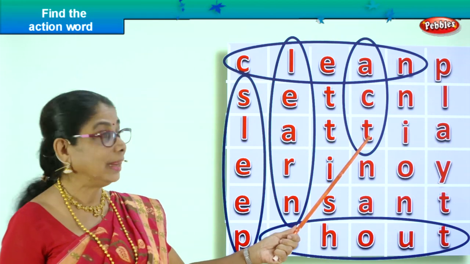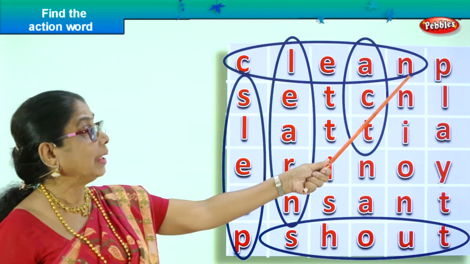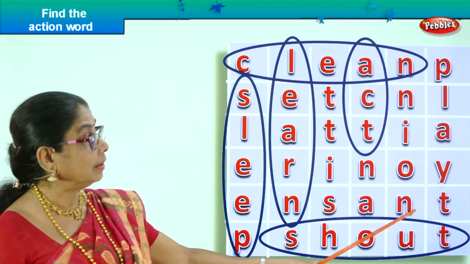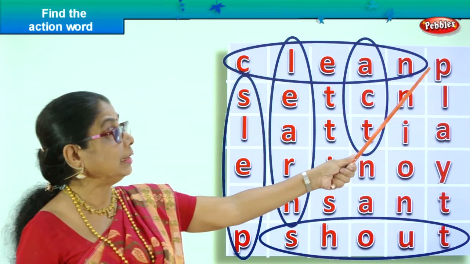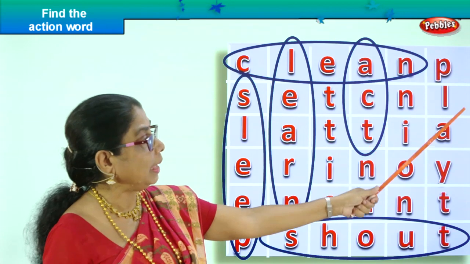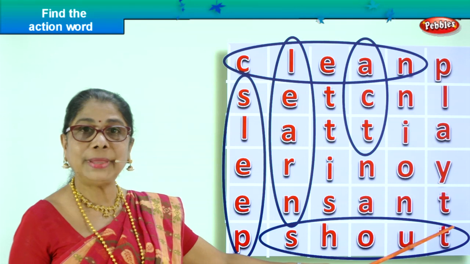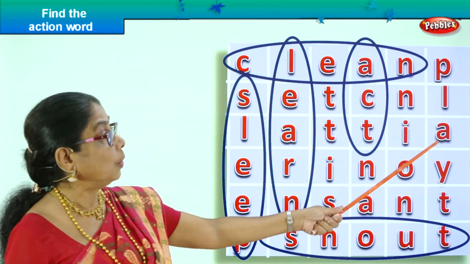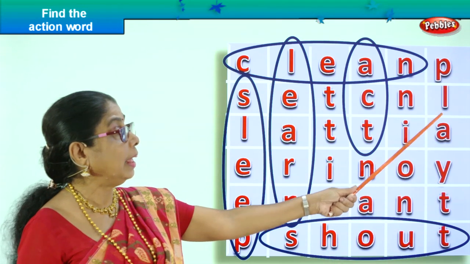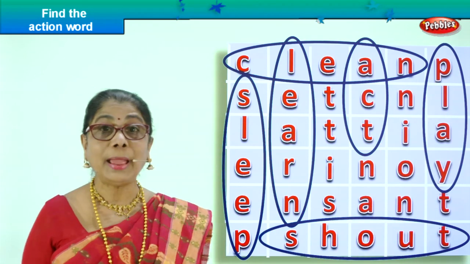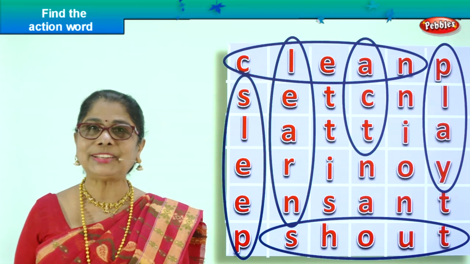Very good. Let's go to the next row. Nothing. Let's go to the last row. PLAY. Yes, the first four letters. PLAY. Play. Good. Is play an action word?